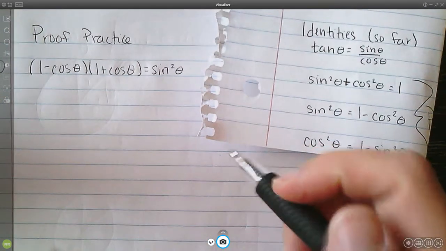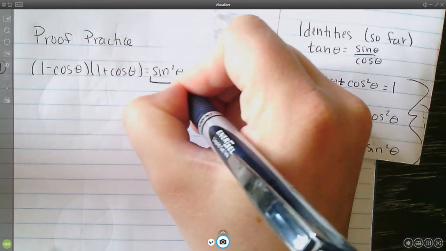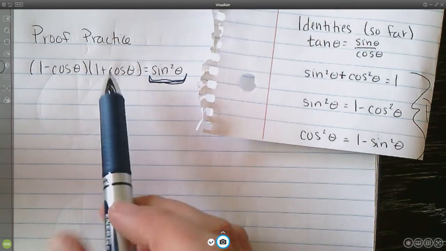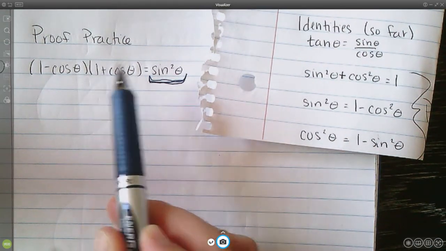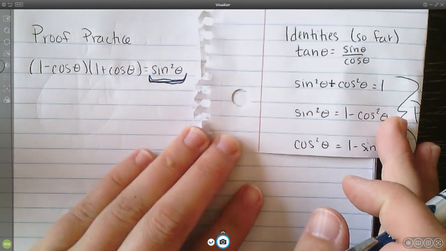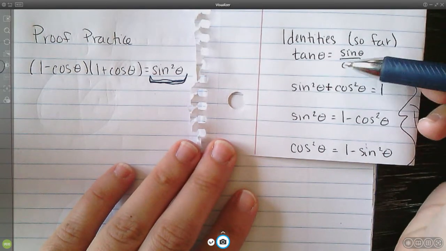When you start, you have to think to yourself, which side looks simpler? Well, this side obviously does. It only has sine squared theta. So we want to try to manipulate this side so it looks like this side. First of all, let's look at whether there's anything we can change. We don't have any tangents.